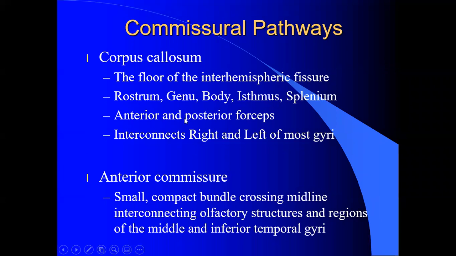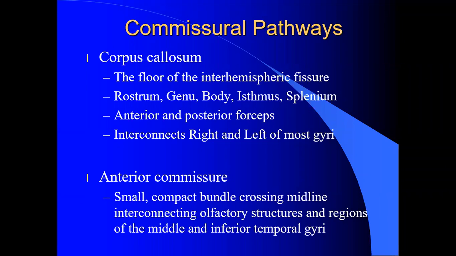In addition, at the genu and the splenium, there's a forceps, the forks, where you can go both anterior and posterior, divide as they go out into the frontal lobes or into the occipital lobe. Of course, now the interhemispheric fissure's in the way. And the main function of the corpus callosum is simply to connect virtually every piece of one cerebral hemisphere to its mirror image on the other side.